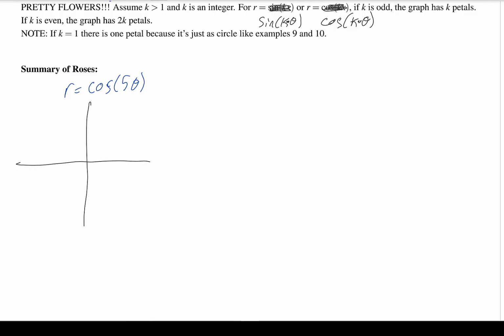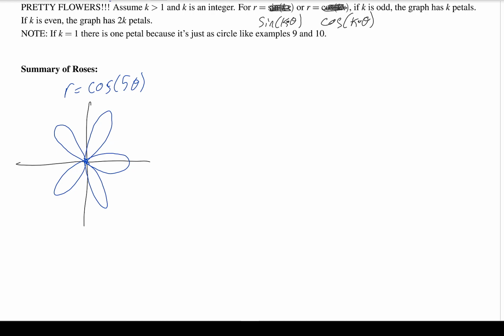And we also know that in these graphs, these petals are supposed to be evenly spaced apart. However, my graphs are not going to look like that. There's 1, 2, 3, 4, 5. So that is what this graph would look like.